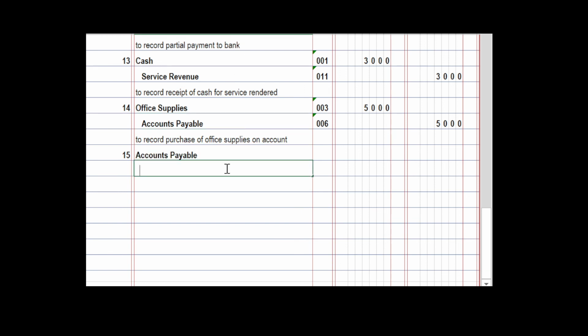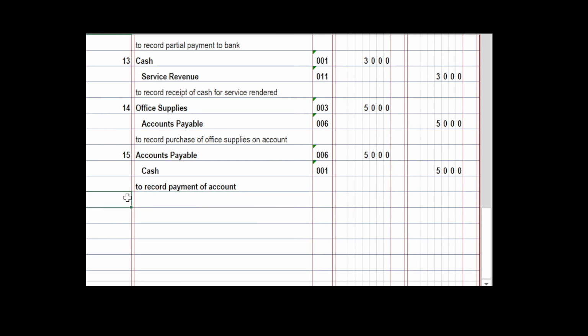And then, since nagbayad tayo, credit tayo ng cash. Okay, again, huwag kakalimutan ng folio. And then, itong 5,000 kasi the same lang naman yung amount. So, copy na lang din natin to record payment of account.